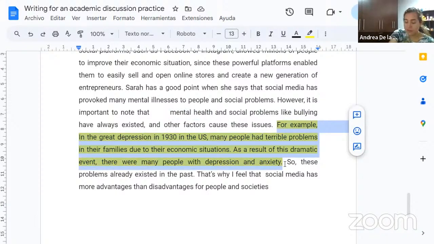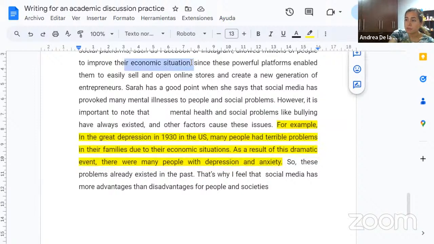So you can provide an example, mention some facts. You could continue talking about how it has helped people improve their economic situation. So that's the only thing that I would say. In that part, try to focus on proving your main point, which is that social media has more advantages than disadvantages. Okay? That's the only thing I would say, but I think it's a great response. Well done, Christian.